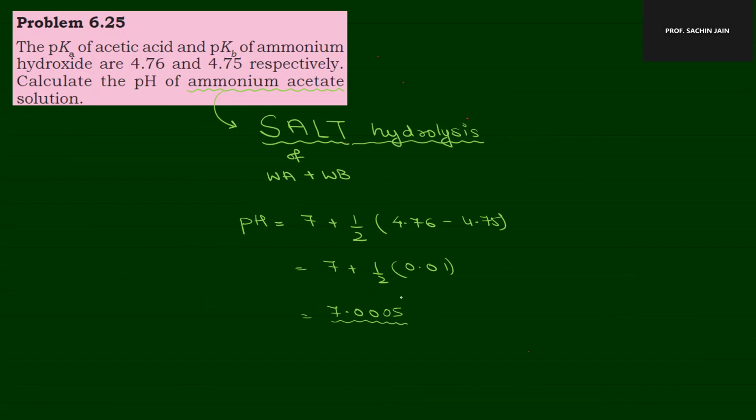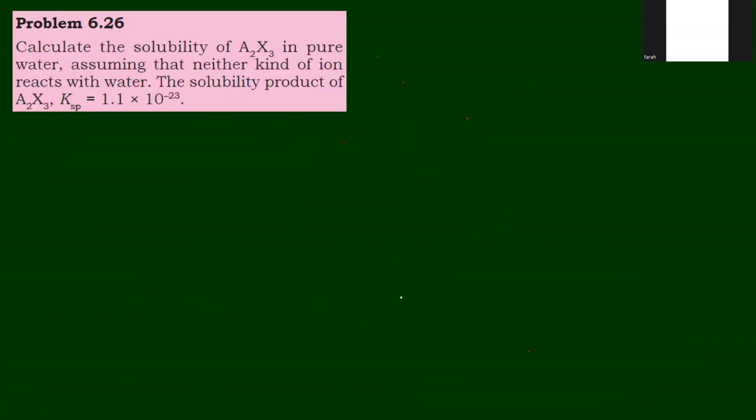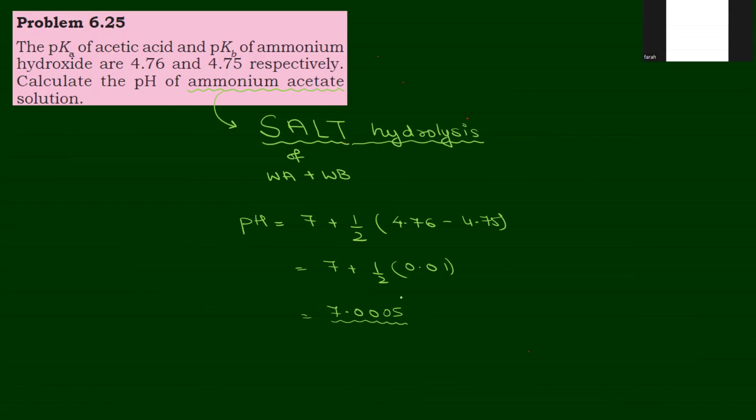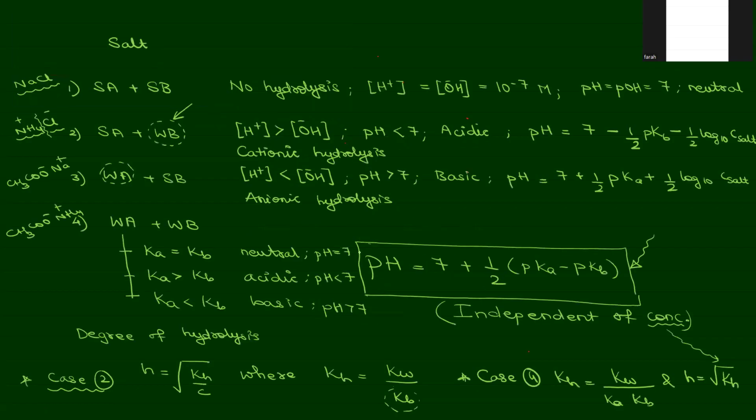Sir, can you explain the last case again, the weak acid and weak base? So if there is a weak acid and weak base, there can be 3 cases. For the weak acid and weak base, one can be relatively weaker than the other, so there could be 3 cases depending on their dissociation constants. Either the Ka and Kb are equal, meaning they are equally weak. In that case, pKa and pKb are also equal.